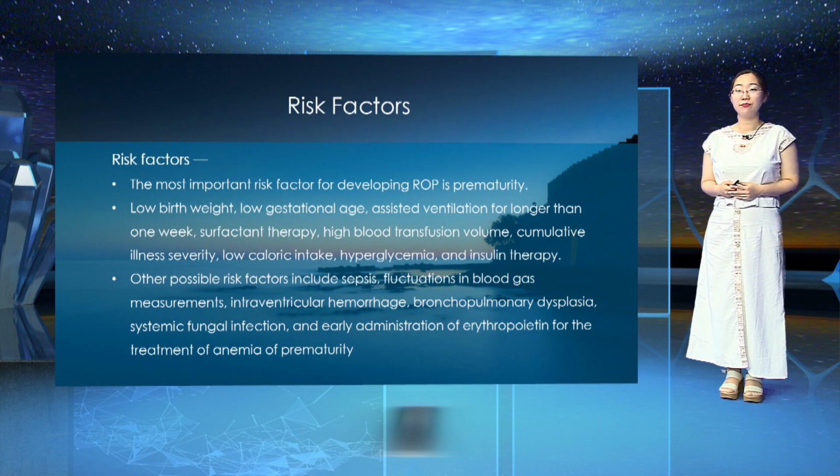Risk factors. The most important risk factor for developing ROP is prematurity. Low BW, low GA, assisted ventilation for longer than 1 week, sepsis, therapy, high blood transfusion volume, illness severity, low caloric intake, hyperglycemia, and insulin therapy.